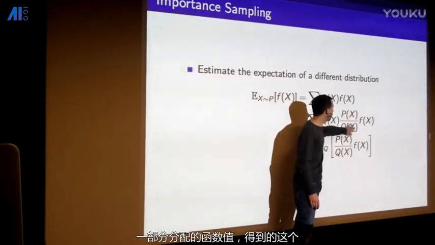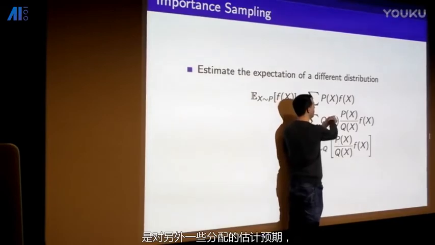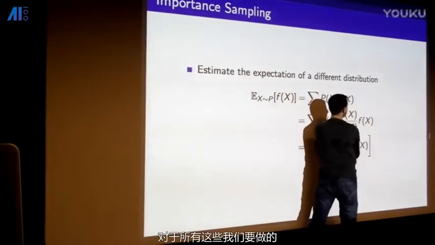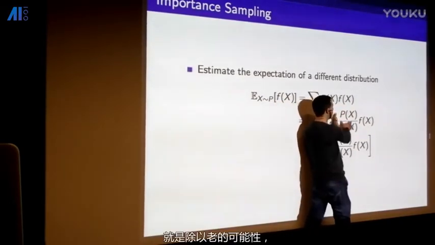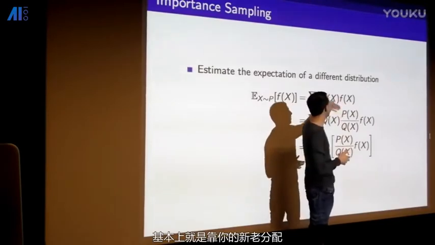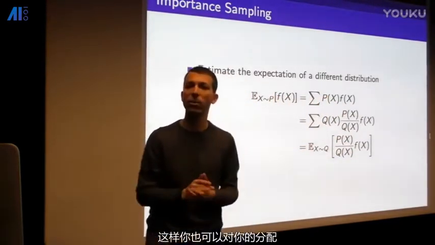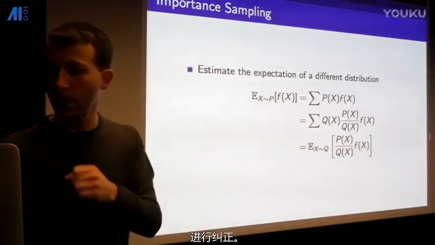And now this ratio here that we've got, you can basically say this is an expectation over our other distribution of this quantity here, where all we had to do was divide out our old probability. Basically you multiply and divide by the ratio between your old and your new distributions. And that corrects for the change between your distributions.